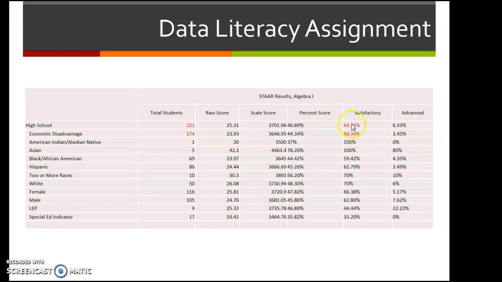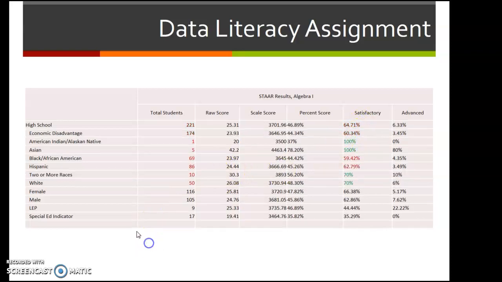So since there's 50 students not represented here, you can see that that did pull down. So that might be one recommendation, is to target some interventions for those who are economically disadvantaged, because it is a large part of the school's population, and it does seem from this number and these other numbers that those who are economically disadvantaged are a large percentage of students who are not passing, or maybe pulling down that pass rate.